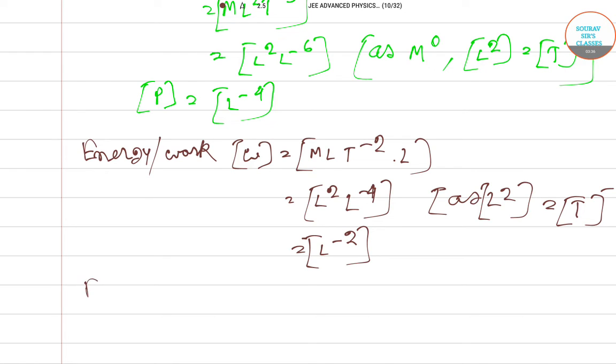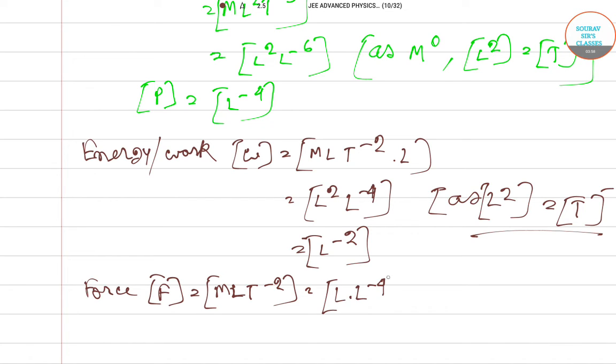Then force F equals M L T to the power minus 2, which is equal to, here also the same, M is dimensionless and as L square is equal to T, so L into L to the power minus 4. This equals L to the power minus 3.